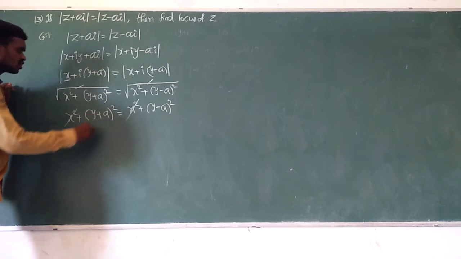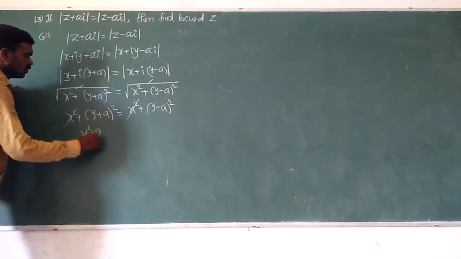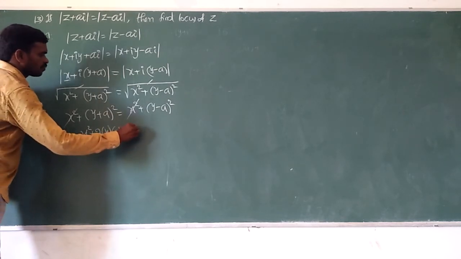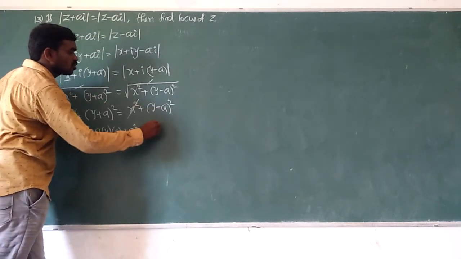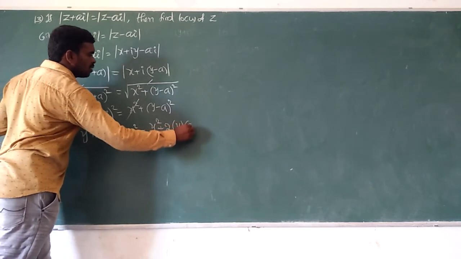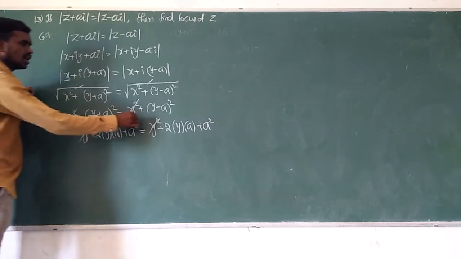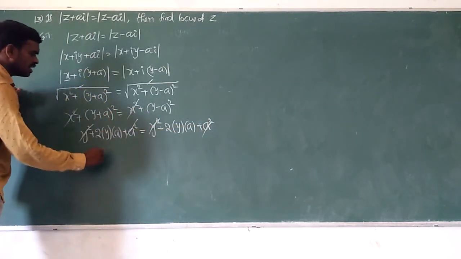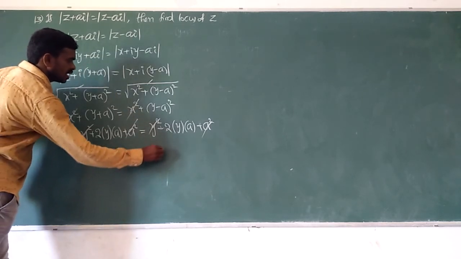Expand y plus a whole square: y square plus 2 into y into a plus a square is equal to, and simplifying y minus a whole square with the a minus b whole square formula, y square minus 2 into y into a plus a square. So on both sides y square and a square cancel because those are the same terms. So remaining 2ya is equal to minus 2ya.